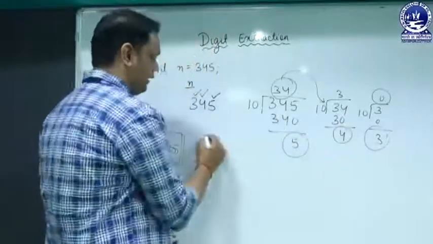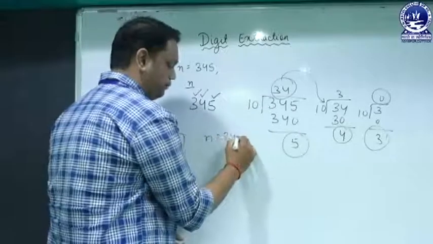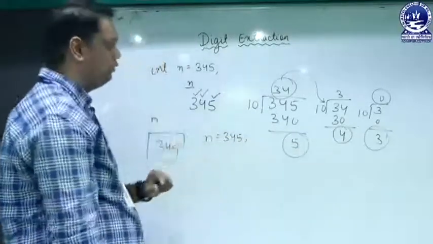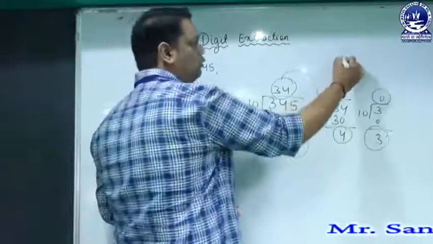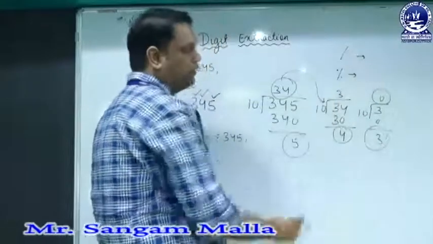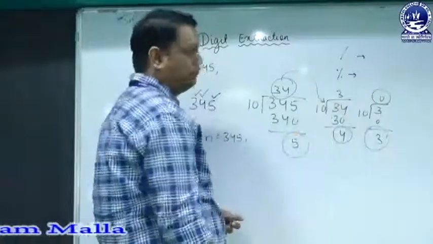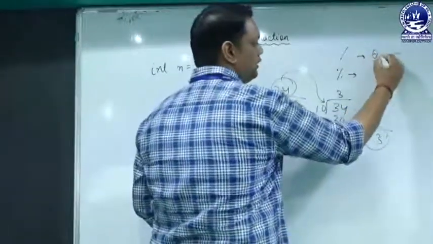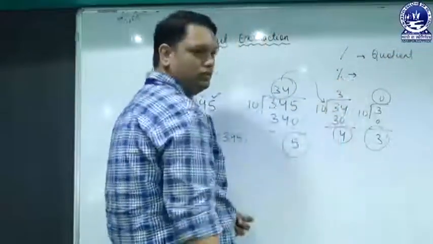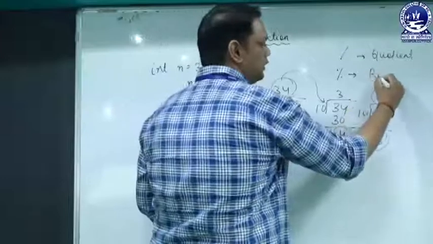Let's say we have taken n equal to 345. Now we need to get the remainder. So we know that we have two operators. This is the division operator, and this is the modulo division operator. The division operator always returns the quotient and the modulo division operator always returns the remainder.